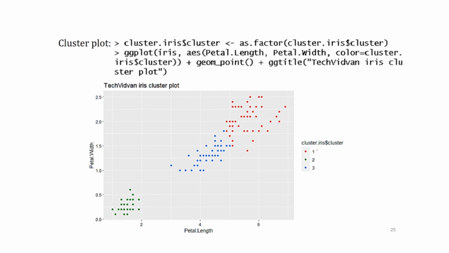Cluster 1 is denoted by these red points, cluster 2 is denoted by these green points, and the 3rd cluster is denoted by blue points. So, you get the plot of 3 clusters here.